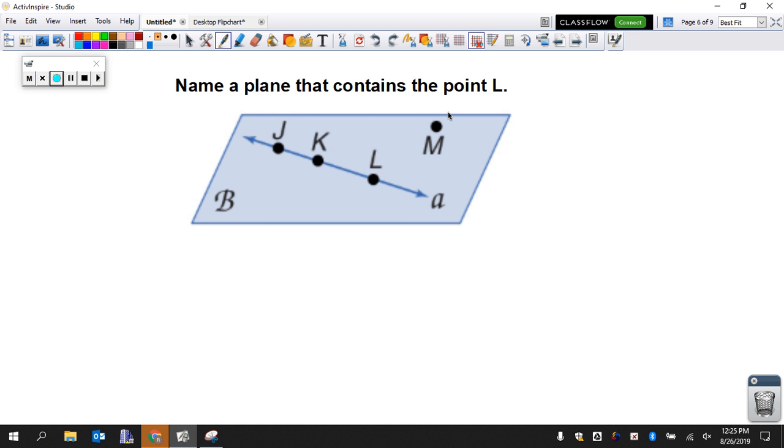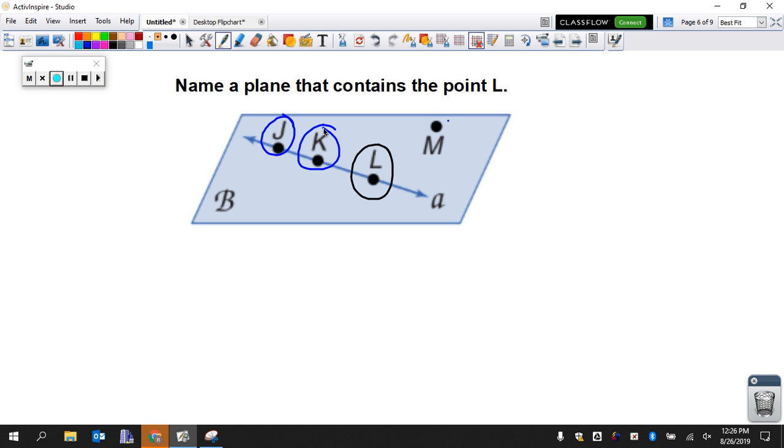Our next example asks us to name the plane that contains the point L. Well, here's the point L right here. And if you remember back to the definition, a plane contains 3 points in it that are not collinear. Well, when we look, we have J and we have K. Those are 2 points.